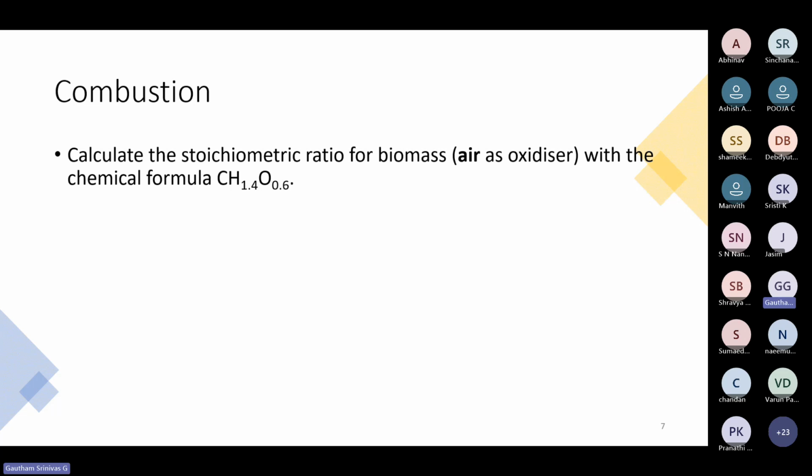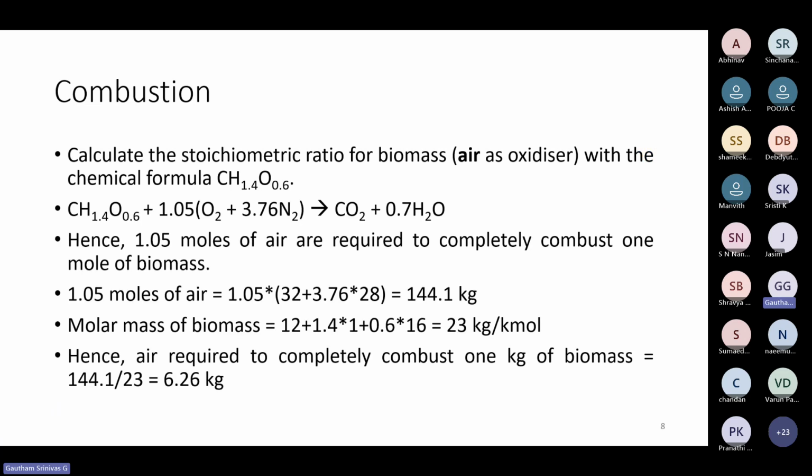Okay, let's do one thing. I'll just show you this. So this was the equation, right? If you have oxygen, this portion is actually wrong. I have to add a 3.76 into 1.05 here.